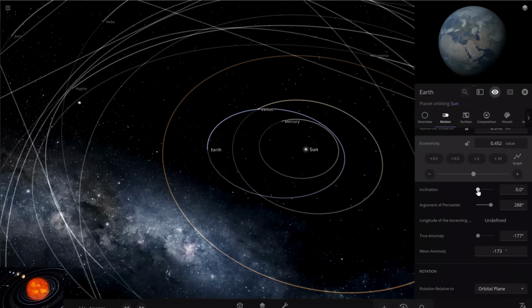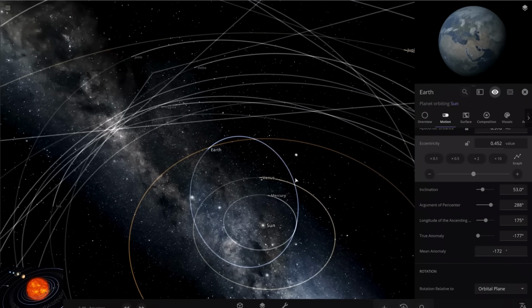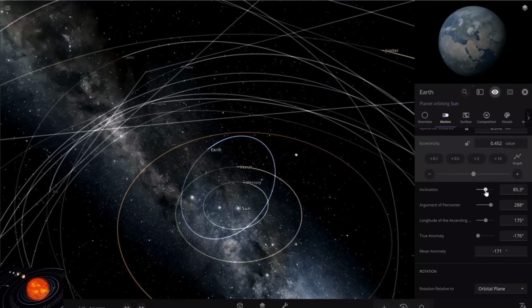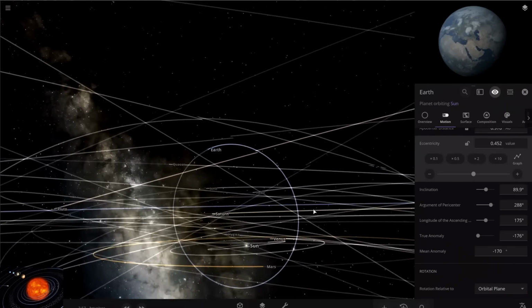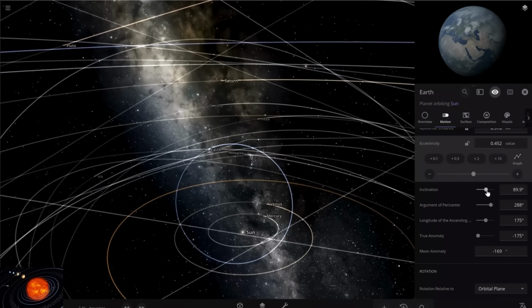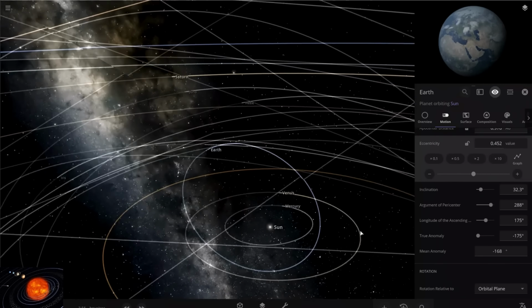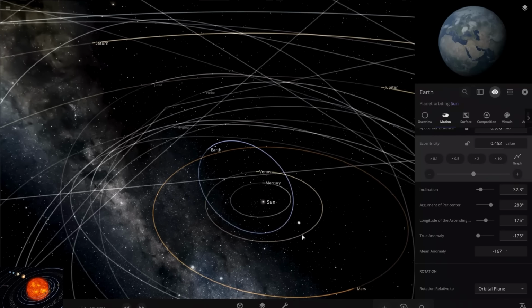If you just increase the angle, you can see the orbit is in another angle. It has some angles with other orbits. So if I just put it on 90 degrees, you can see this is like this. So also this is another parameter that would be interesting for the people who are trying to experience anything.